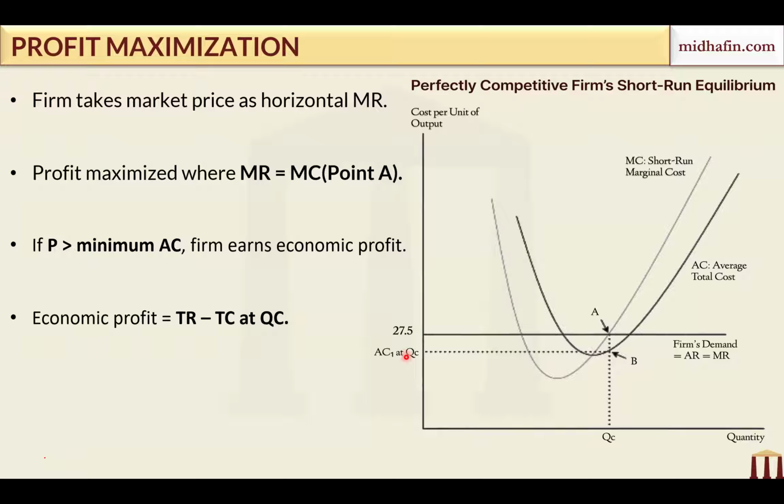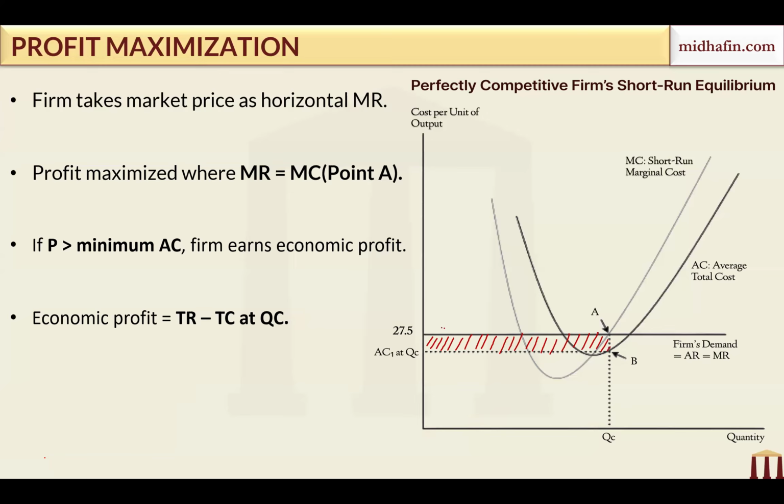Since average cost is lower, total cost also is lower, which means the area of this bigger rectangle minus the area of this smaller rectangle gives you the economic profit. This region is your economic profit region. So this is very, very interesting.